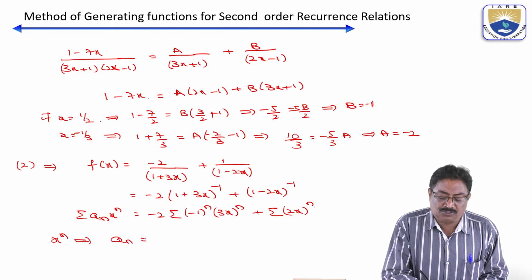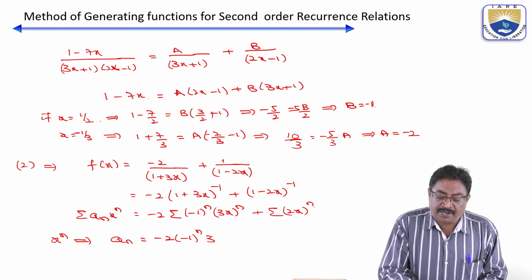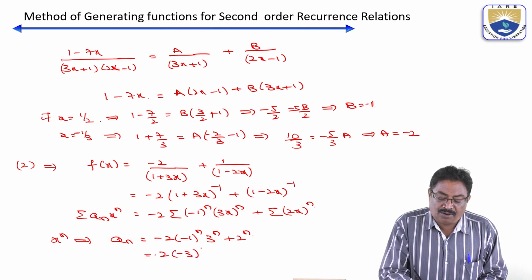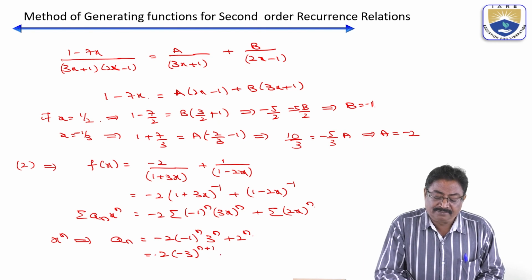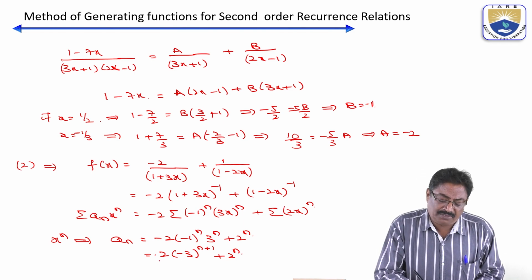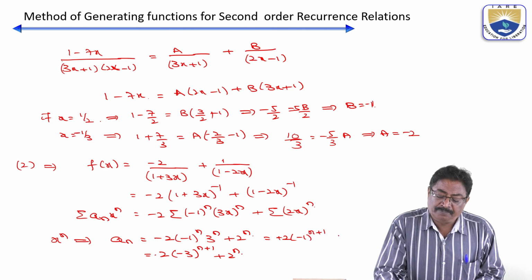So a_n equals −2(−1)^n 3^n plus 2^n. Or else I can take it as 2 into (−3)^n plus... or I am going to consider it as −2(−1)^(n+1) 3^n plus 2^n.